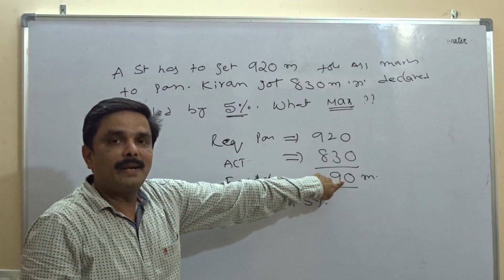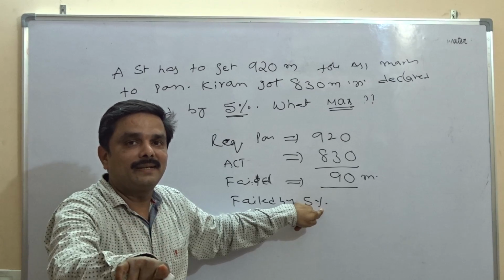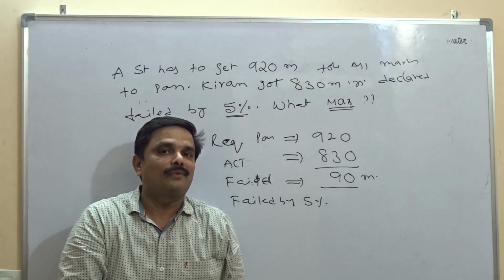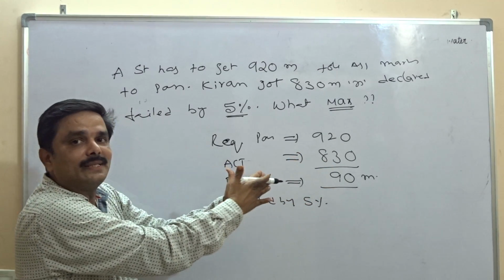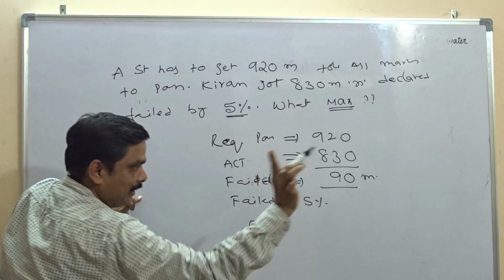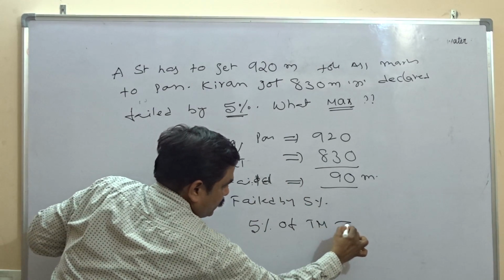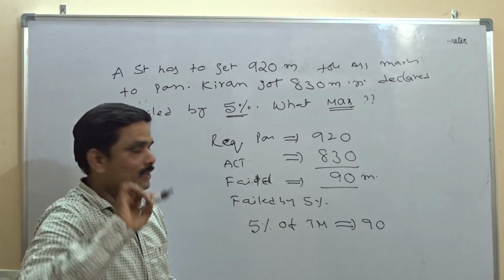He failed by 90 marks and again he failed by 5%. In both the cases, the total number of marks is the same. We have been doing this type of questions, right? So now I can equalize these two. How can I equalize these two? Now, the statement I can make: 5% of total marks is equal to 90. How did I come to this conclusion?